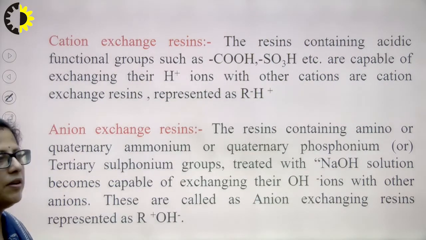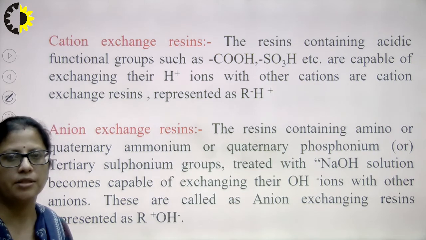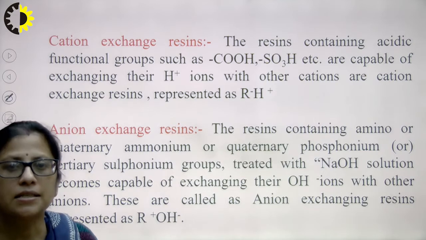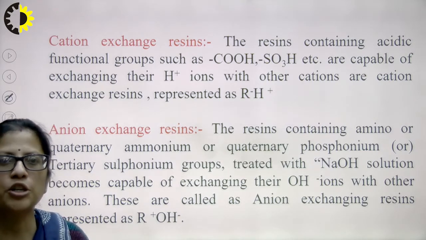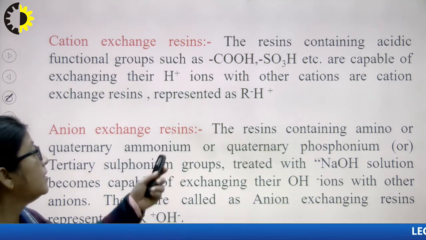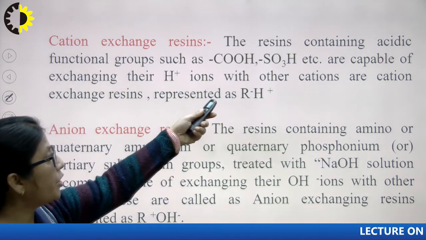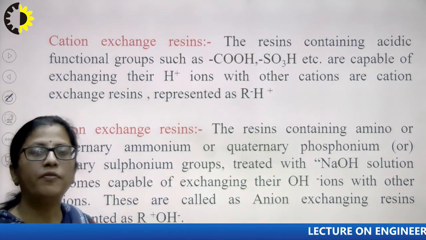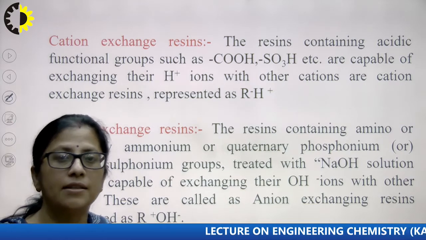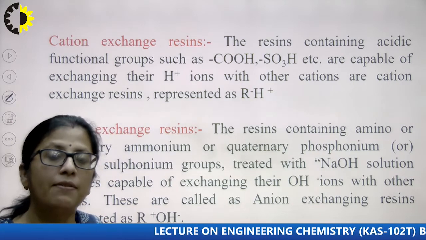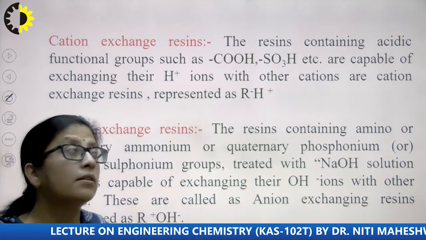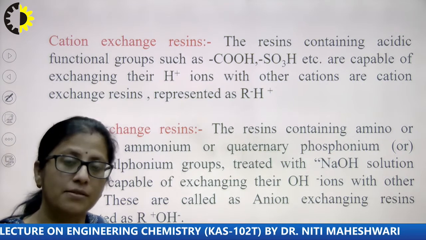Now, coming first to the cation exchange resins. These cation exchange resins contain acidic functional groups, like carboxylic acid, like sulfonic acid, COOH, SO3H, which are capable of exchanging their H plus with the other cations in water, and they are represented as R minus H plus.